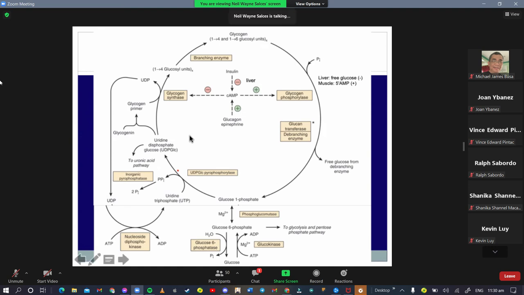Can anybody explain to us this regulatory system? Any volunteer? So what is the effect of insulin? How does it regulate the enzymes that are part of your glycogen metabolism?